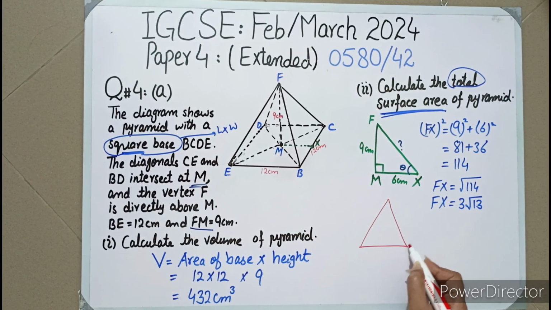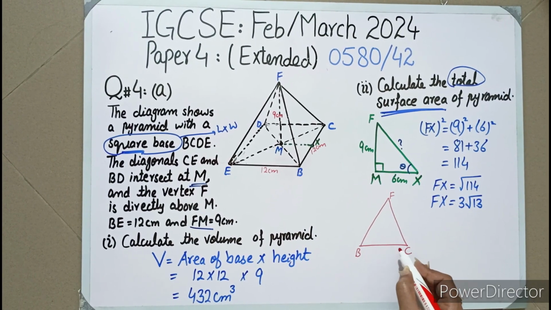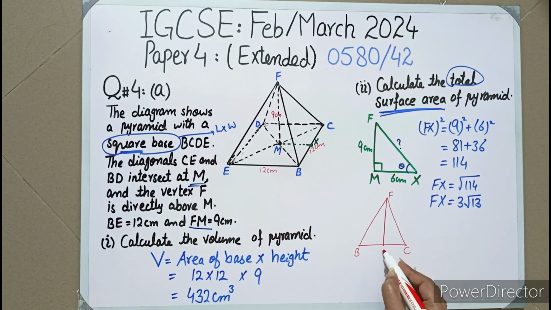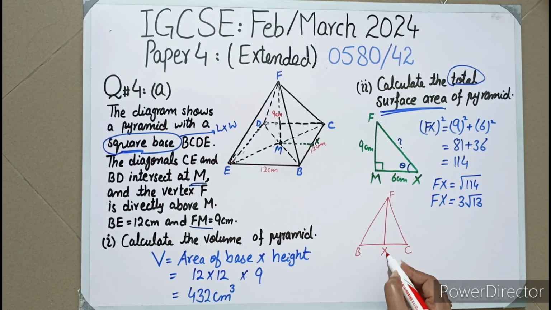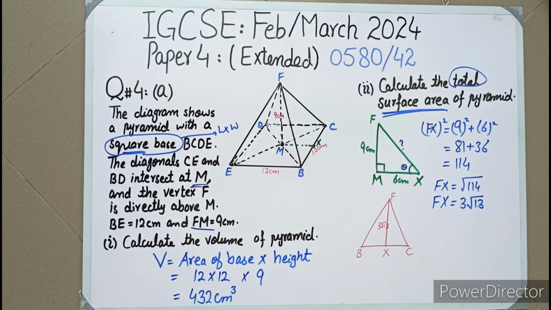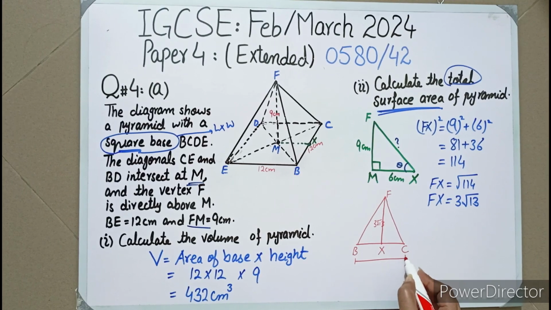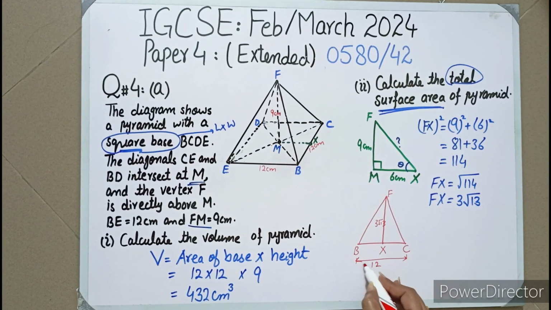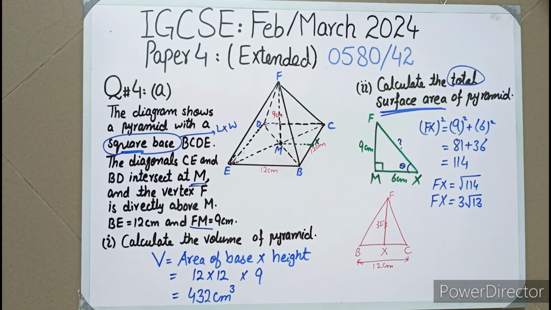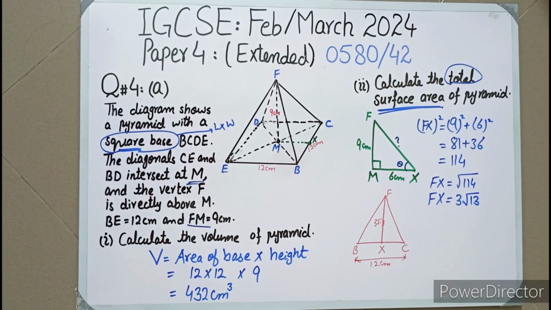This is a triangle, this is F, this is B, this is C. I have already calculated this length FX as 3 square root 13, while BC is already mentioned in the figure, that is 12 cm. As I know the area of a triangle is half of base into altitude. So what will I get over here?